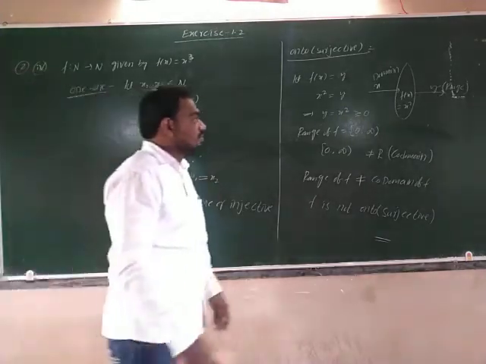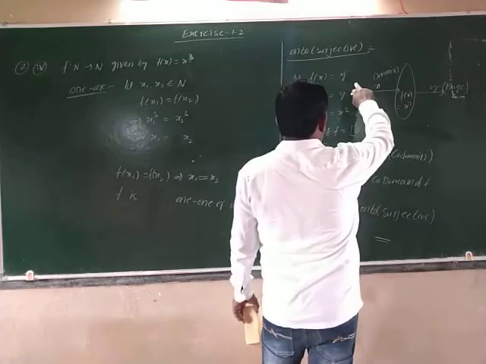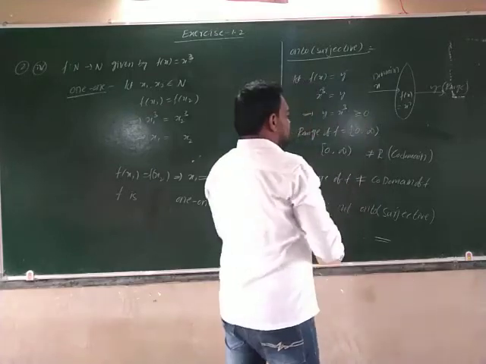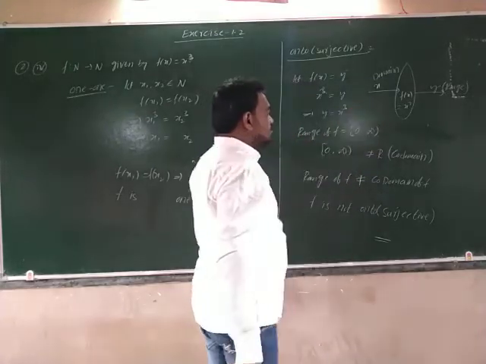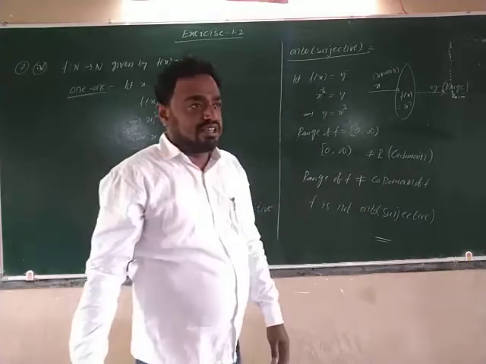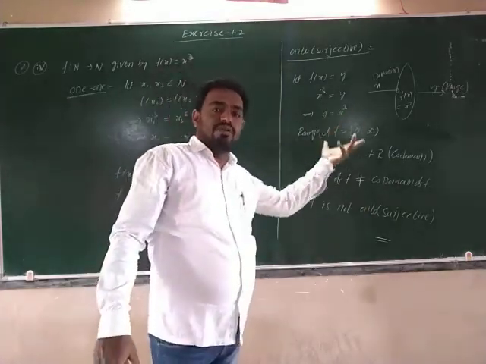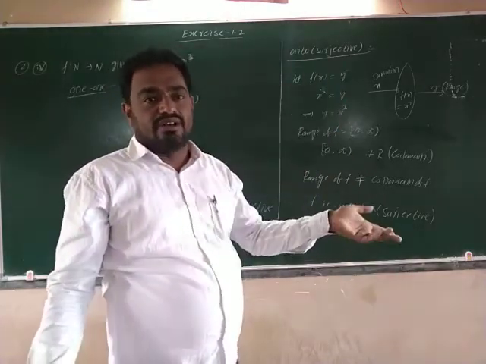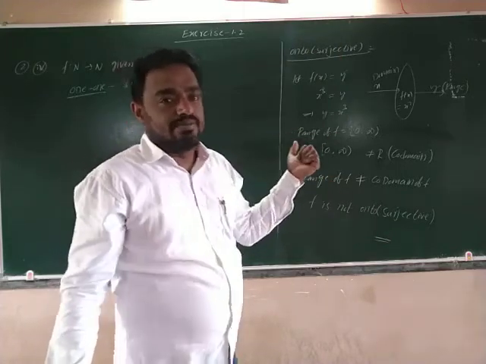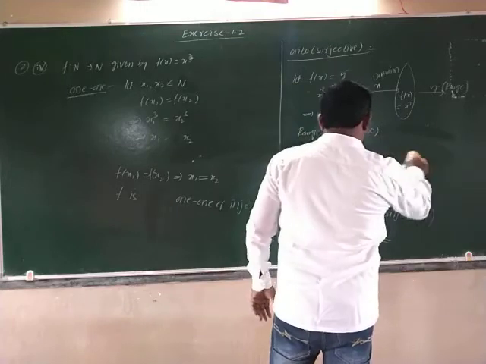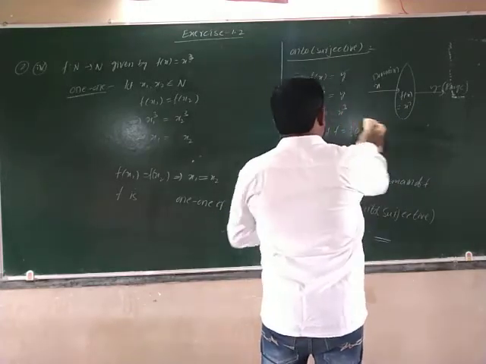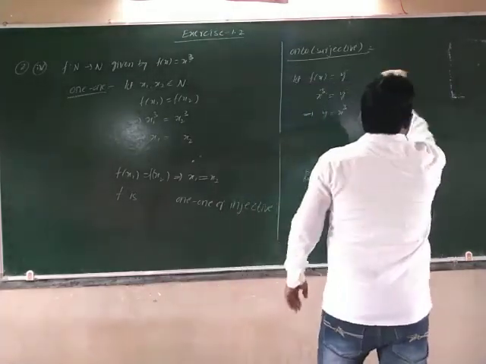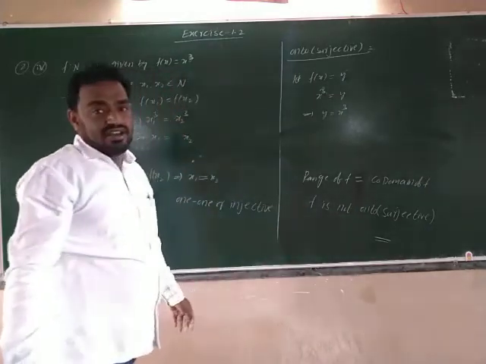Next, coming to surjective. f of x is equal to y, x cube is equal to y. That means here it may exist positives and negatives. For example, minus 1 cube equal to minus 1. Minus 1 by 2 whole cube equal to minus 1 by 8. So all the values are existing here. So range of f is equal to codomain of f. f is not surjective.